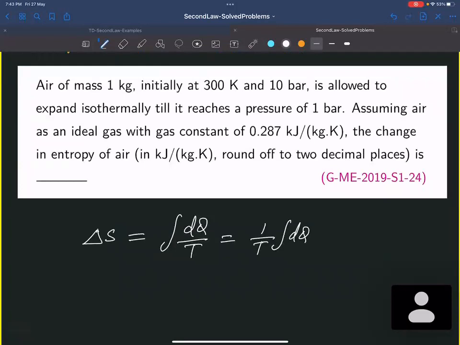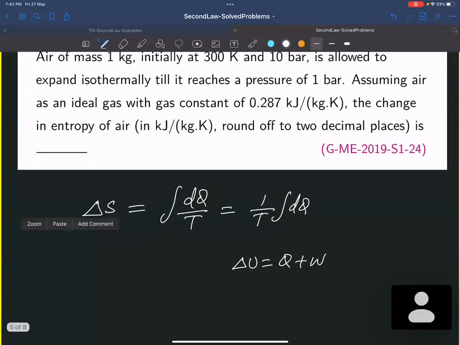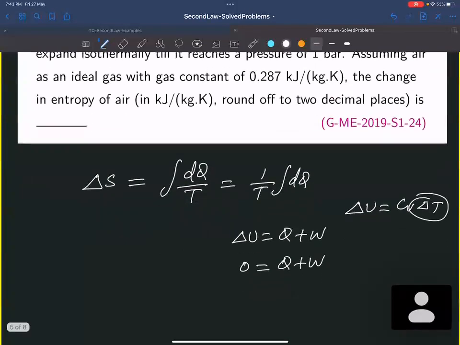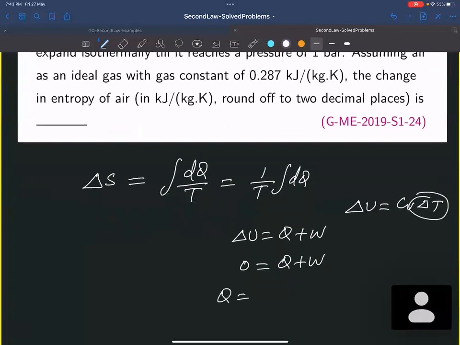The first law says delta U equal to q plus w. For an isothermal process, what is delta U? Simplest question: delta U equal to 0, because delta U equal to Cv delta T, and for isothermal, delta T equal to 0. So we have q plus w equal to 0, otherwise simply q equal to minus w.